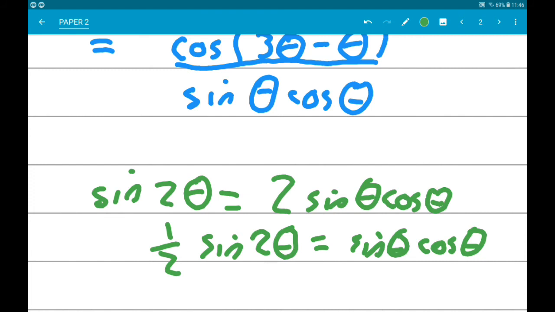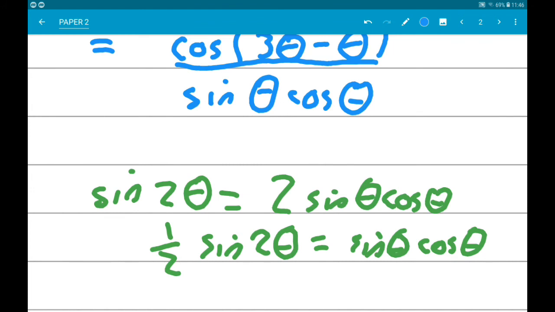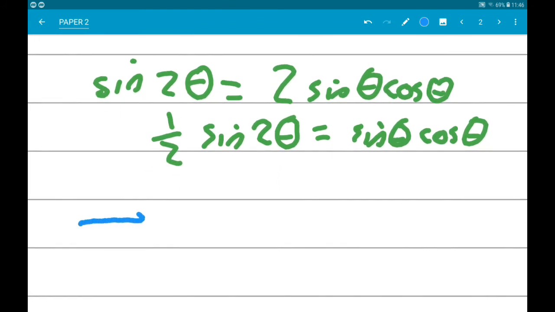So, that means we have cos 2 theta over 1/2 sine 2 theta.